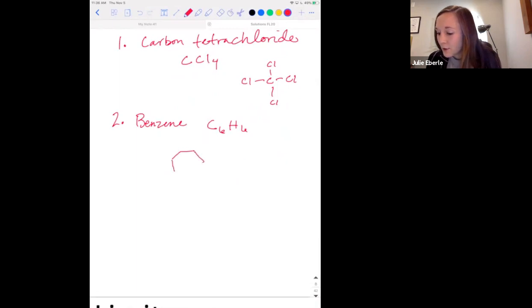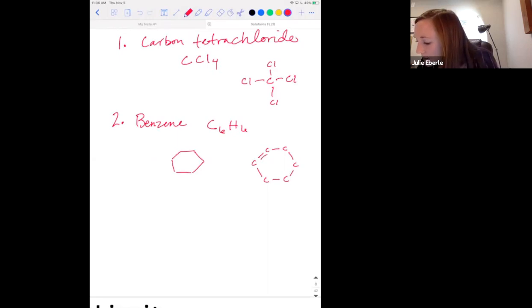I'm not an organic chemist, but it would look like this. Carbon connected to carbon, connected to carbon. Just make a ring of them. And then each of those carbons, well, actually I think there are double bonds in the structure like that. And then each one would get a hydrogen. Crazy, huh? So anyways, it's nonpolar.